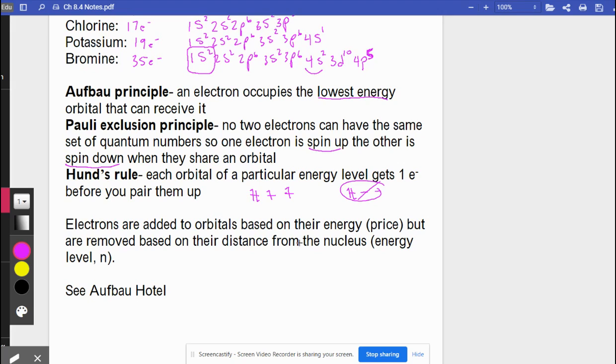The highest energy level is the one that you're going to lose electrons from because it's the farthest from the nucleus, which means it has the least force of attraction to that nucleus. That's Coulomb's law. Okay, we're going to look at the Aufbau hotel to look at those prices here.